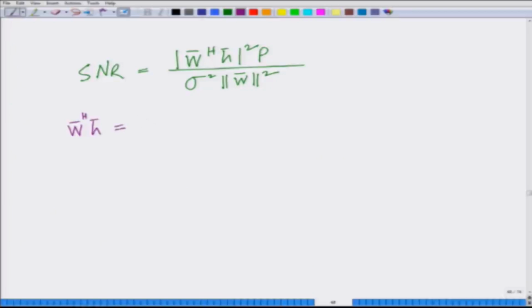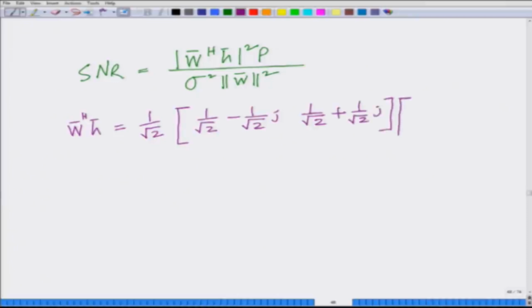Taking the complex conjugates, it equals 1 over square root of 2 times (1 over square root of 2 minus 1 over square root of 2 j, 1 over square root of 2 plus 1 over square root of 2 j) times h bar, which is (1 over square root of 2 plus 1 over square root of 2 j, 1 over square root of 2 minus 1 over square root of 2 j).